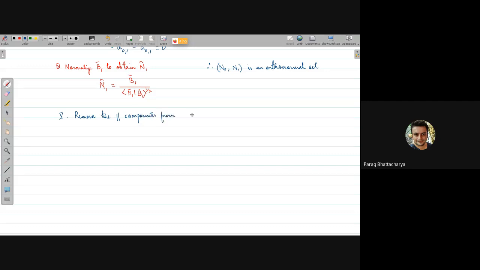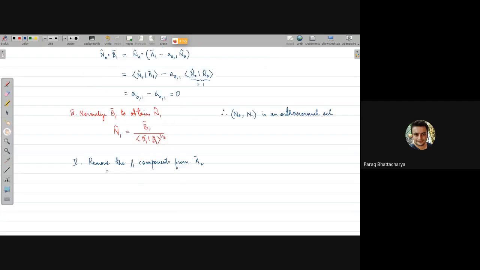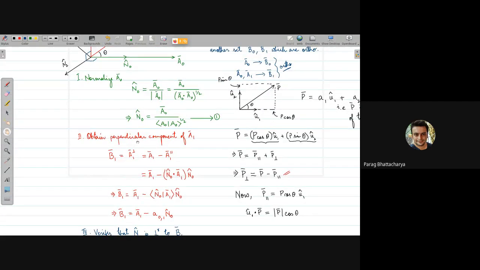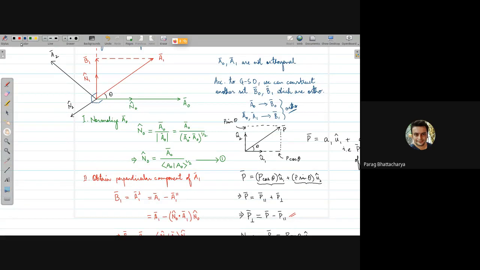By removing these parallel components, we will get some other vector. Let's call it b2. So from a2 we'll get b2.